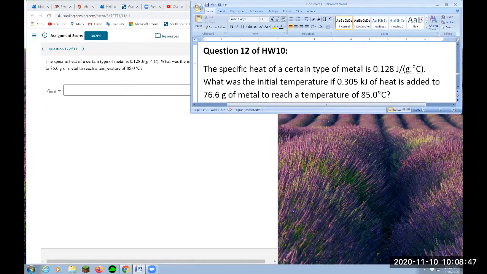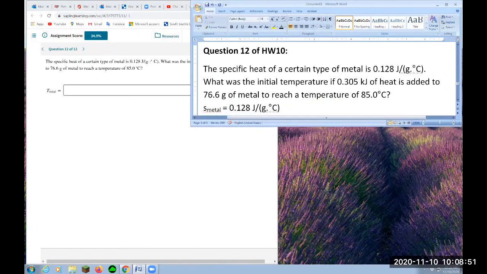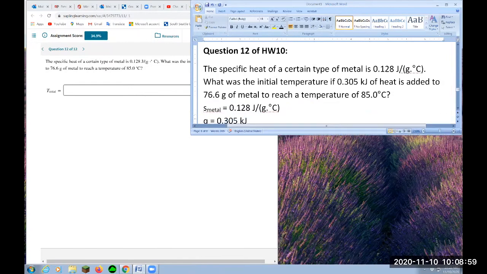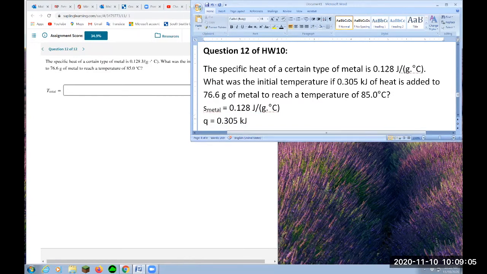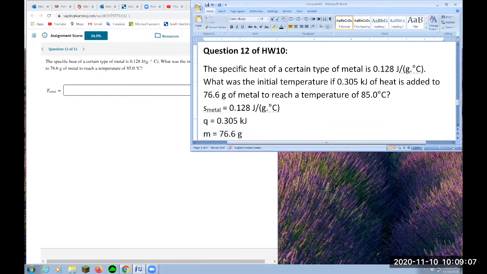So what do we have? We have the specific heat capacity of the metal, 0.128 joules per gram per degree. We have a Q of 0.305 kilojoules of heat added to a mass of 76.6 grams of the metal.